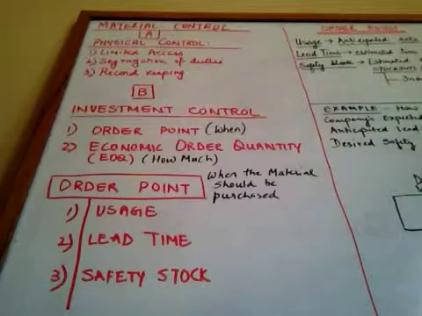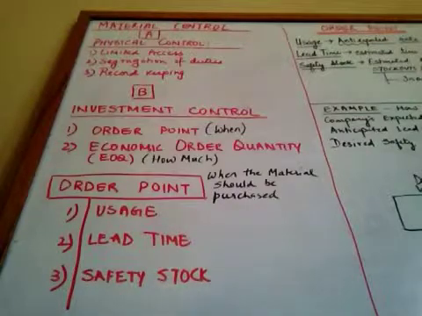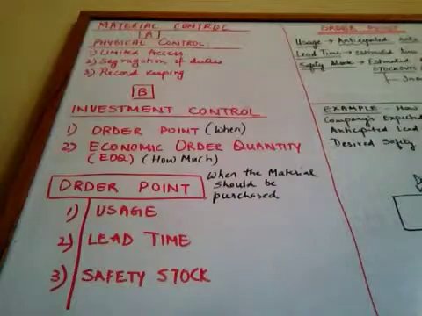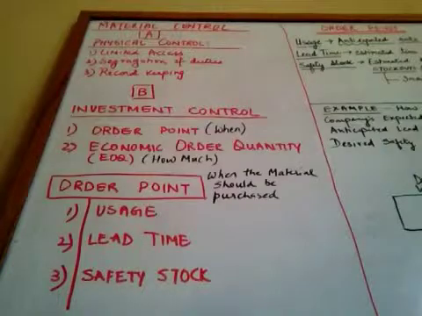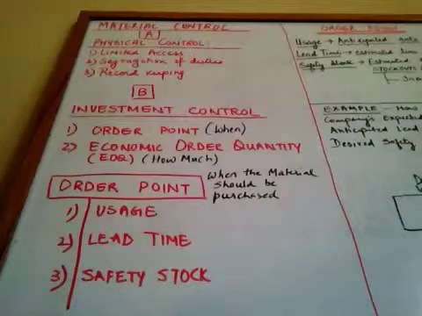Now, maintaining an appropriate level of raw materials is one of the most important objectives of material control. The company should target keeping the inventory levels as low as possible.